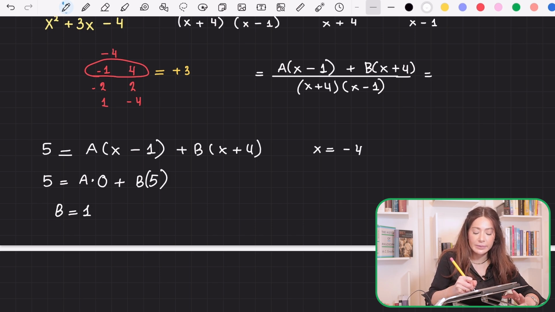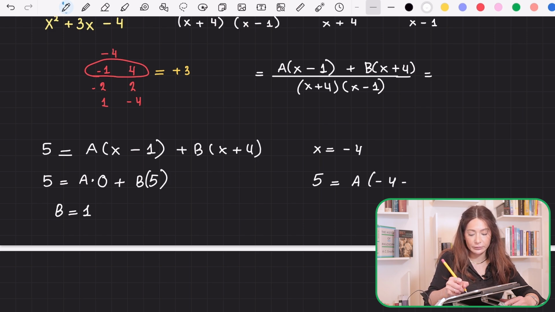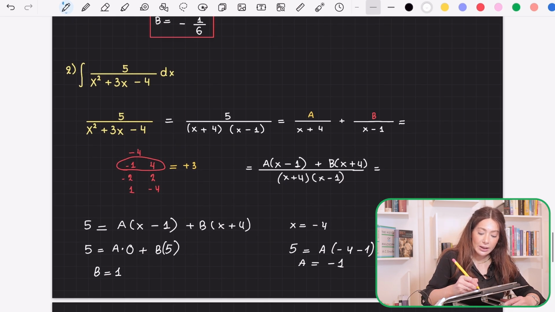So that eliminates the b term, right? That is 5 equals a times (-4 minus 1). And then the b term went away, so that's 0. Well, a must be -1, okay? This is -1, this is 1.